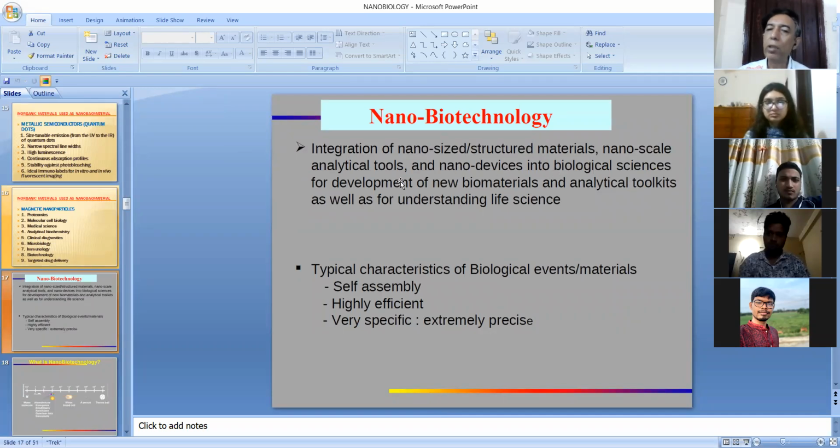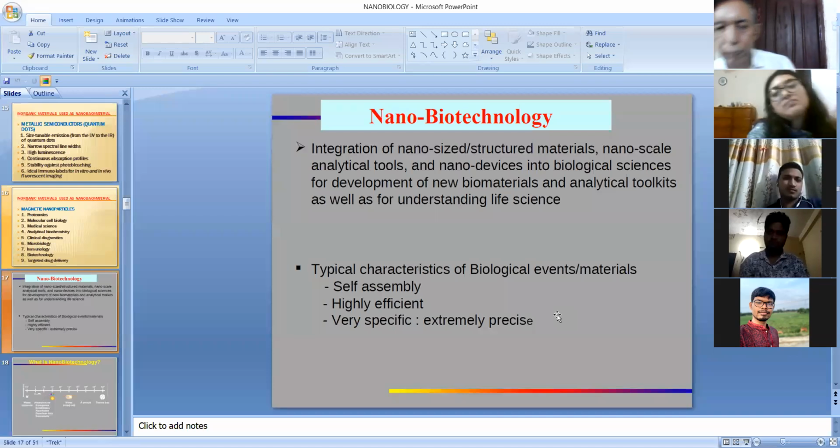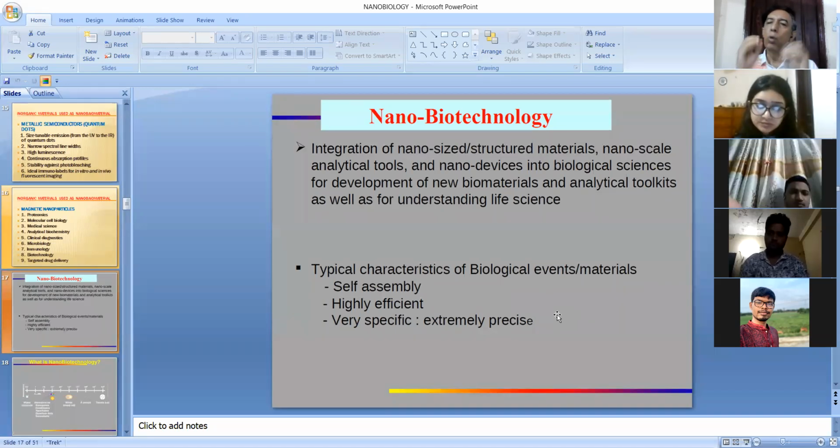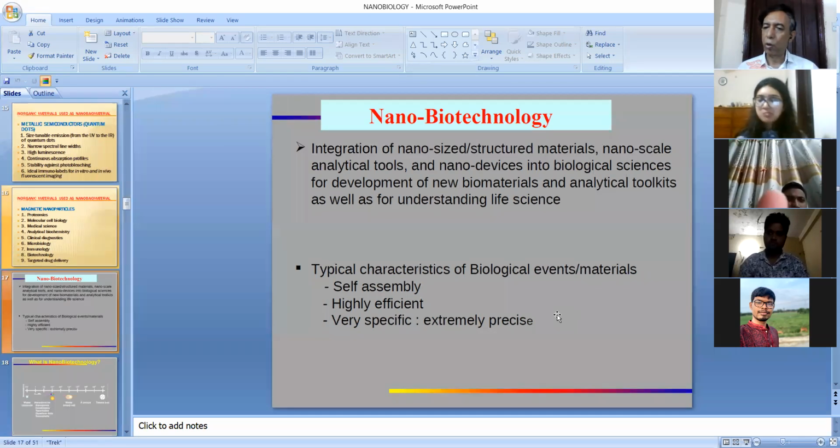Into biological sciences for development of new biomaterials and analytical toolkits, as well as understanding life science. If you use nanomaterial in biological science, the technology to use this nanomaterial in biological science is nanobiotechnology.